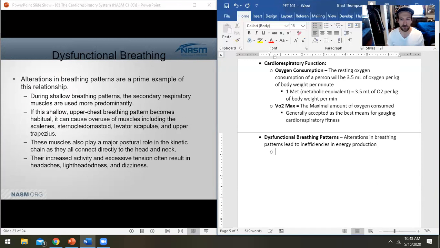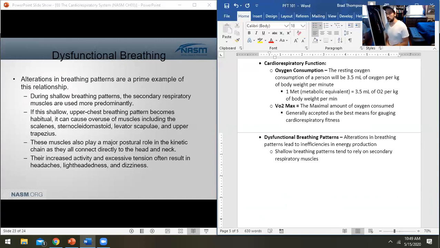So one of the reasons we brought up shallow breathing patterns earlier is because shallow breathing patterns tend to rely on secondary respiratory muscles, right?